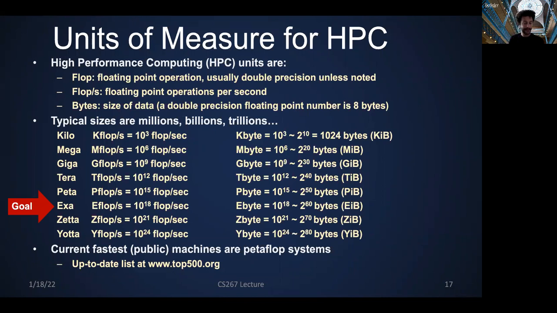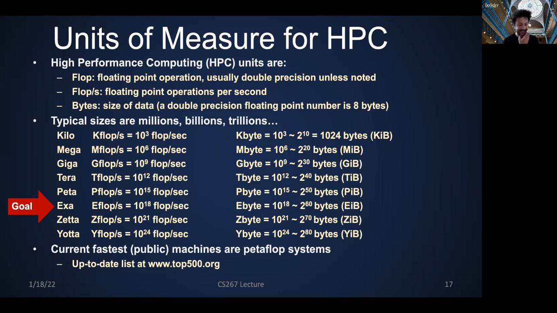And this goes on: zetta, yotta, and so on. To avoid confusion, and to address a lawsuit that came up, people actually started talking about KiB, MiB as opposed to KB, MB, which is how bytes are represented. As a computer scientist, you can see 10 to the 6 is 2 to the 20, almost, but not quite.